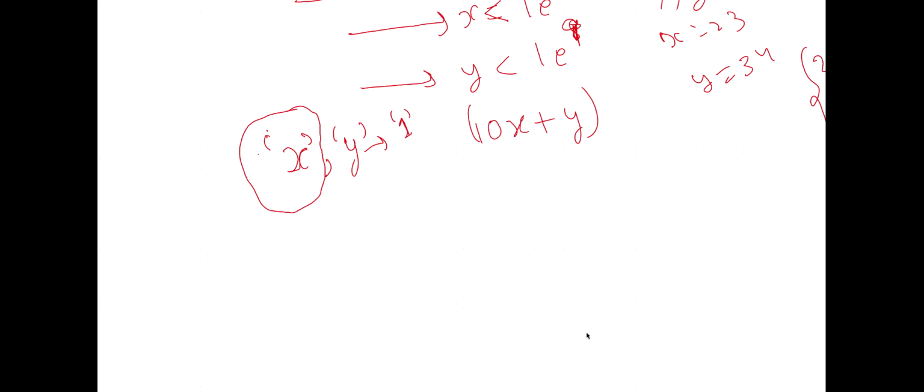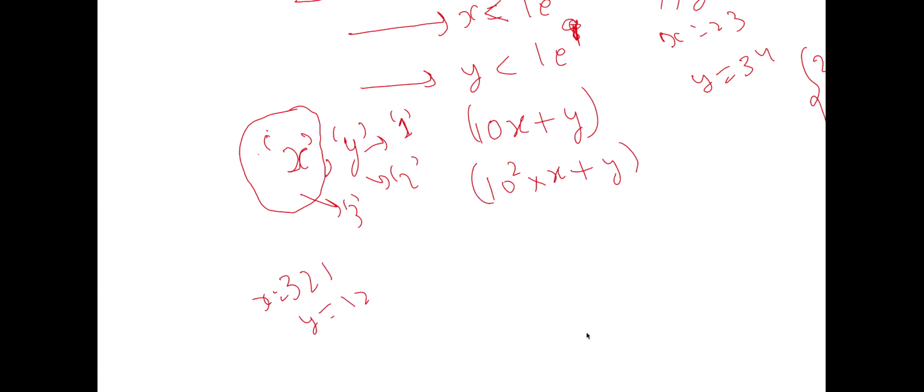If y was two digits, and let's say x was three digits, it doesn't matter how many digits x has. So the number will be 10 to the power 2 into x plus y. Let me show you. Let's say x is 321, y is 12. The concatenation of 321 and 12 will be 32112. But mathematically, it goes like this because y has two digits: 321 into 100 plus 12.